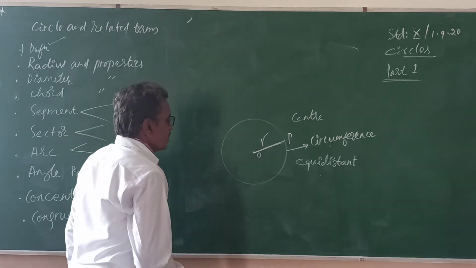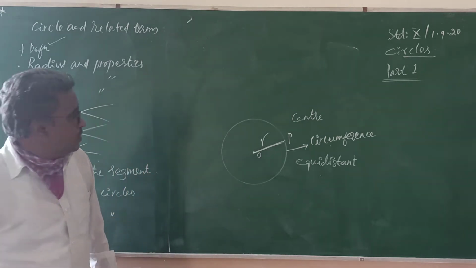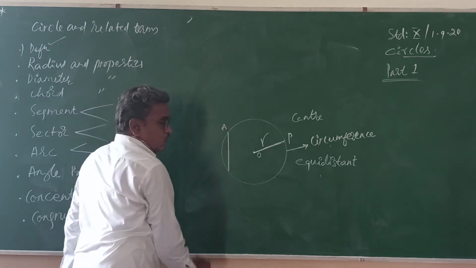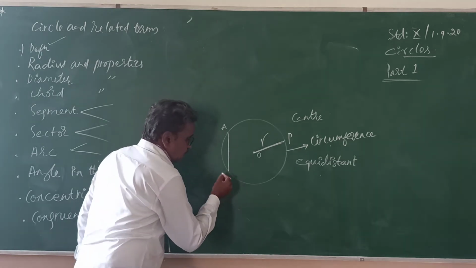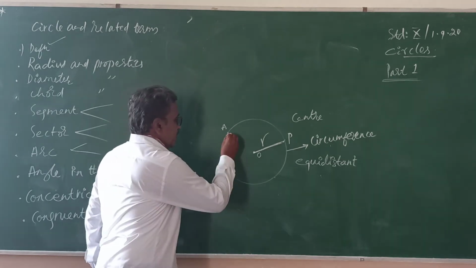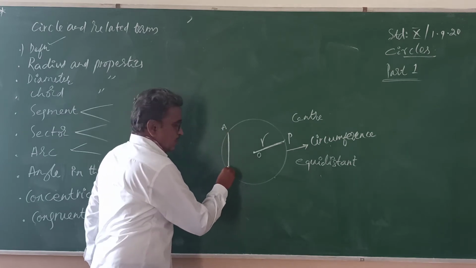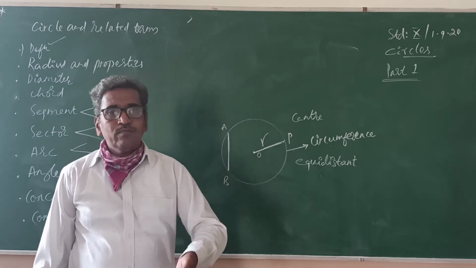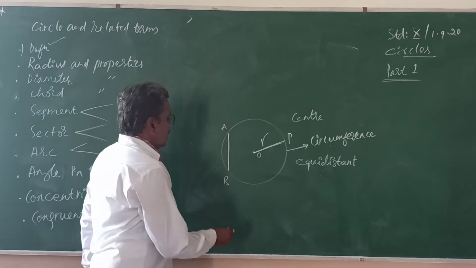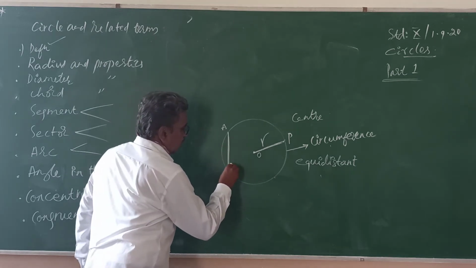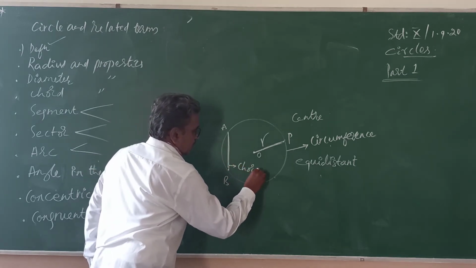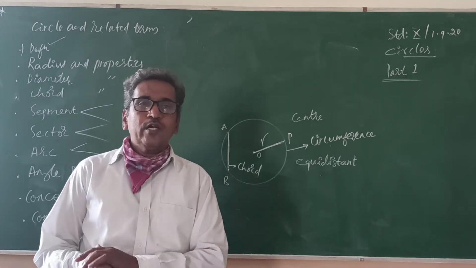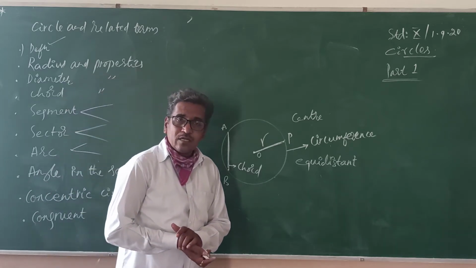So now, yes, A is a point on the circumference of the circle. B is a point on the circumference of the circle, joining AB. The line joining any two points on the circumference of the circle is called a chord. Chord of a circle.